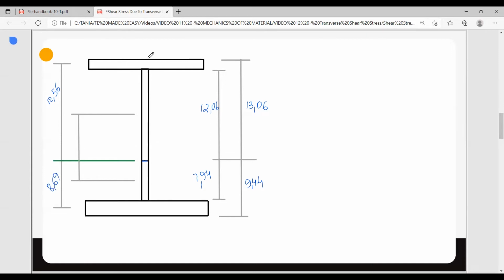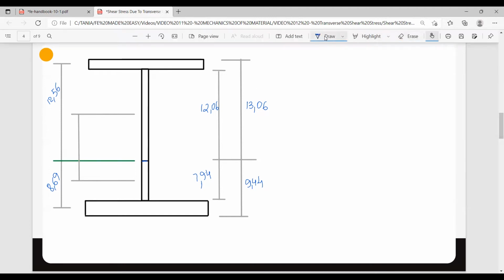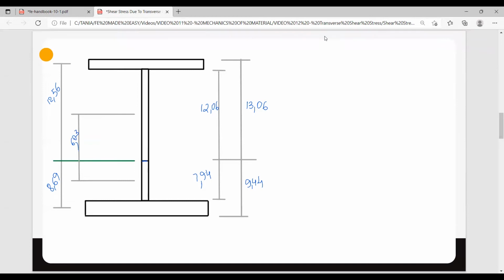Good. Now we need the distance from this rectangle's centroid to the neutral axis. This is going to be 12.06 divided by 2, 6.03. And here at the bottom, we have 7.94 divided by 2, just 3.97.